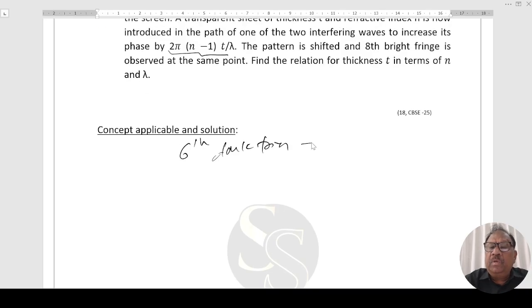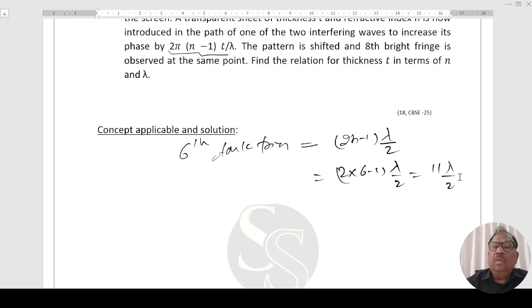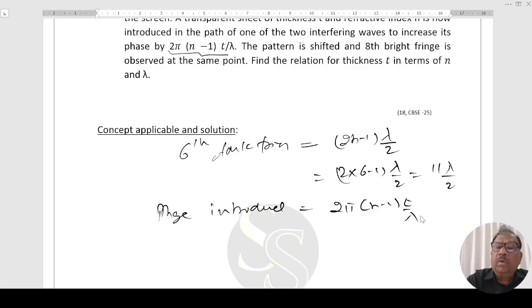6 dark fringe means (2n minus 1) lambda by 2, that is (2 into 6 minus 1) lambda by 2, that is 11 lambda by 2. Now, phase introduced additionally in one of the paths, that is 2 pi (n minus 1) into T by lambda.